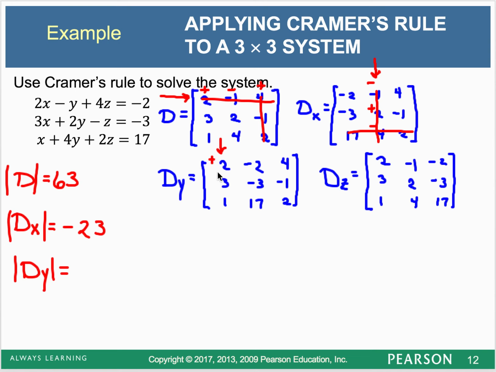Plus, minus, plus. So we're going to start with a 2 times negative 6 plus 17. Then we have a negative 3, negative 4 minus 4 times 17, 68.